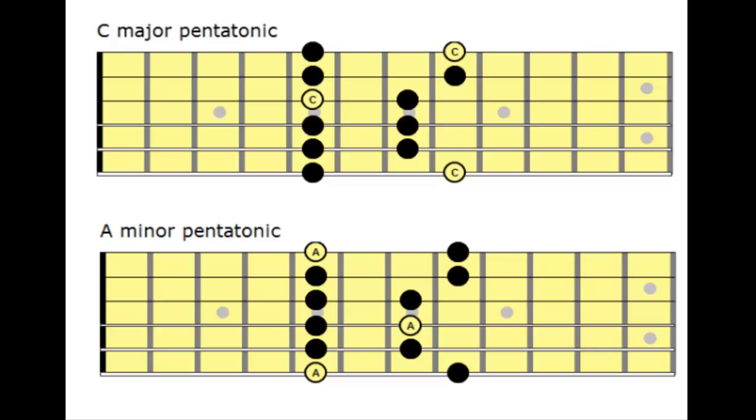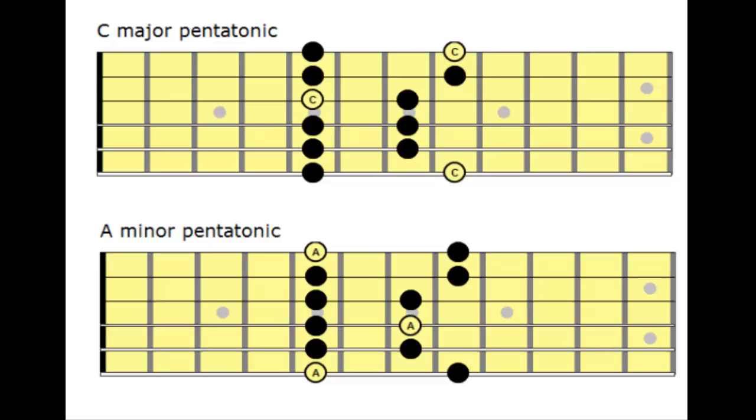Okay, so here we have the A minor pentatonic scale, the extended version, side by side with the C major pentatonic scale. Again, we're comparing the extended version of both scales. Now if you take a moment to have a close look at both these patterns, you'll see they're absolutely identical.